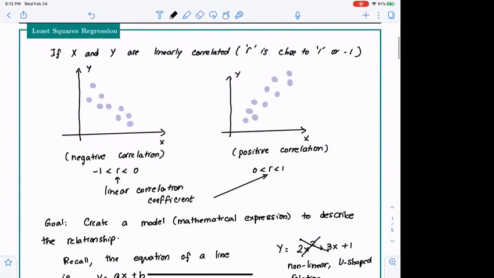The reason being, if you consider the two samples that we have, I can draw infinitely many lines through the data. For instance, I'm going to take the one that has positive correlation. So I could draw a line of that sort. I could draw a line of that sort. I could draw a line that goes there.